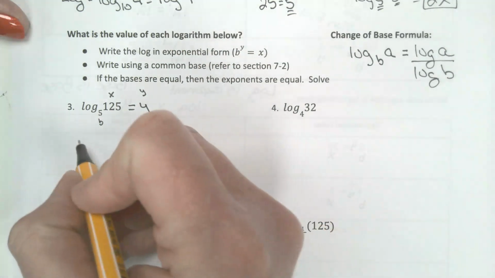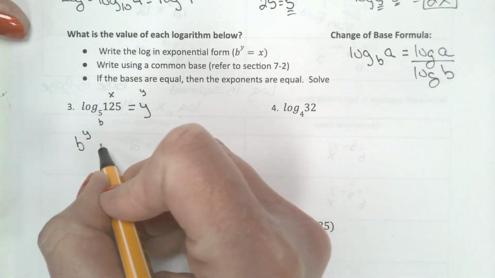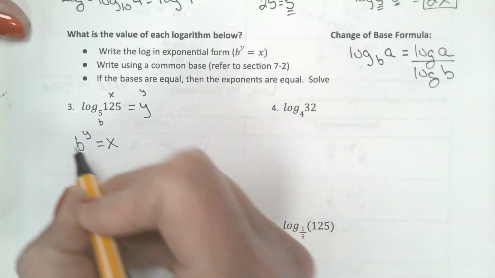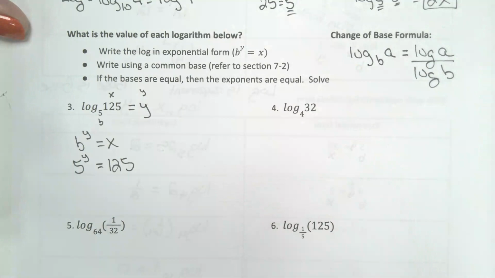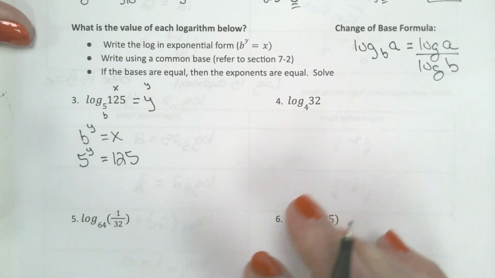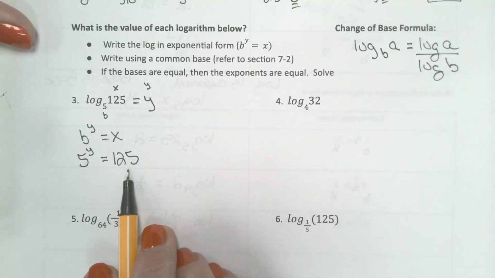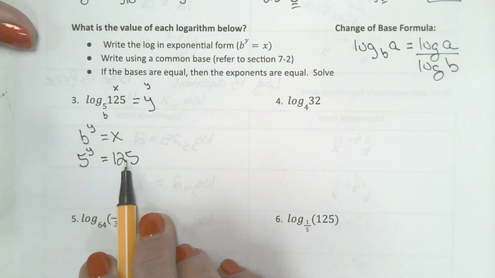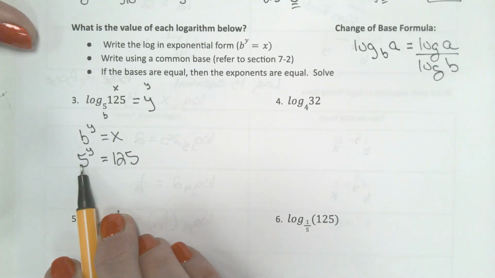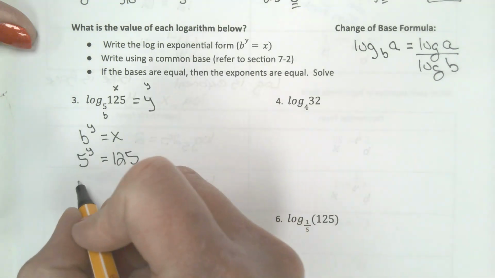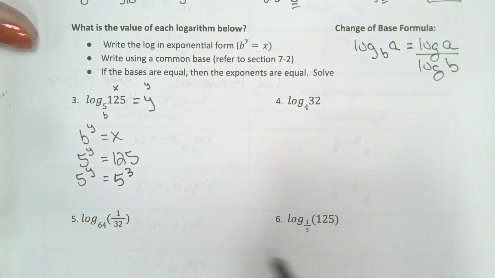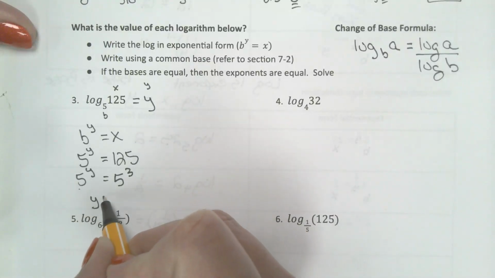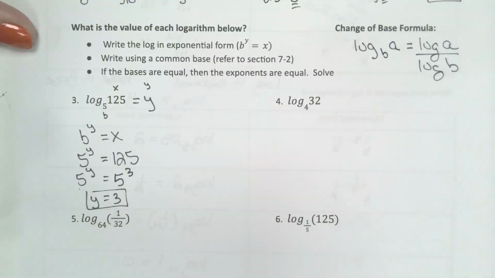So if I change form of b to the y equals x, that means that I would have 5 to the y equals 125. So we did these kind of problems the other day. So I need you to write 125 as 5 to the 3rd power. So I can rewrite this as 5 to the 3rd. Since I have the same base, I can set my exponents equal to each other and know that y is 3.